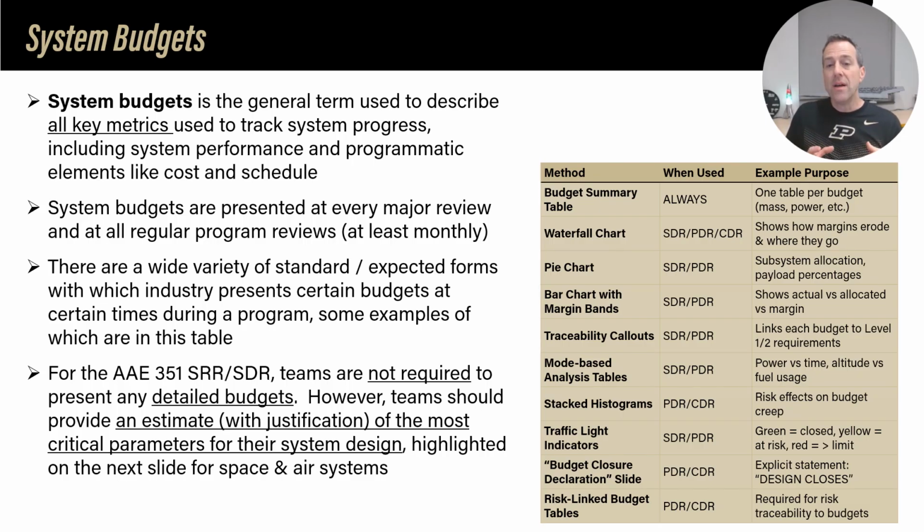Given all that, there's a table here that shows typical methods and when they're used. But I want you to know that you are not required for the upcoming reviews to present any detailed budgets. By detailed budgets, I mean full-page or multiple-page analyses that show the outcomes and how you're doing against things like delta V and link budgets. That's not what this class is for.